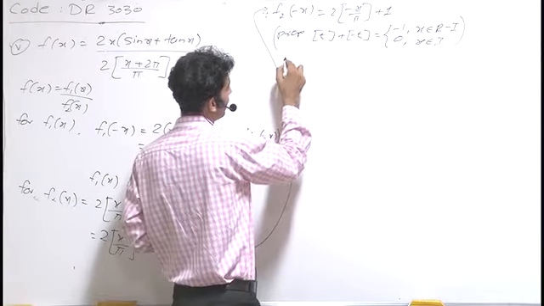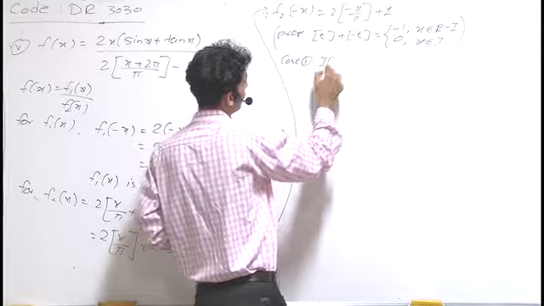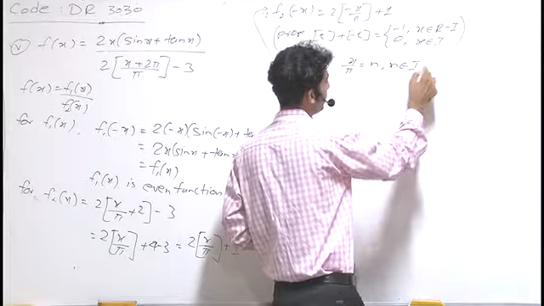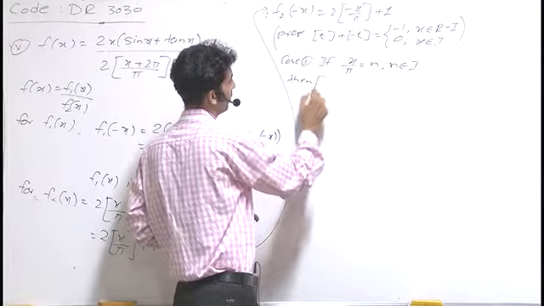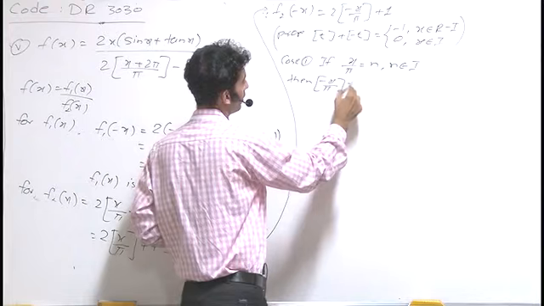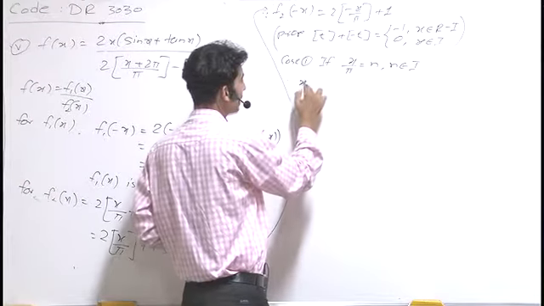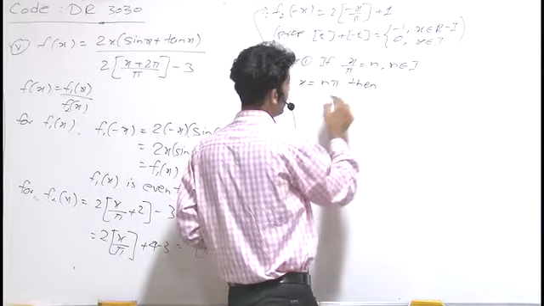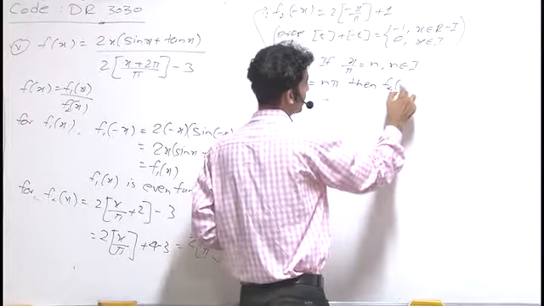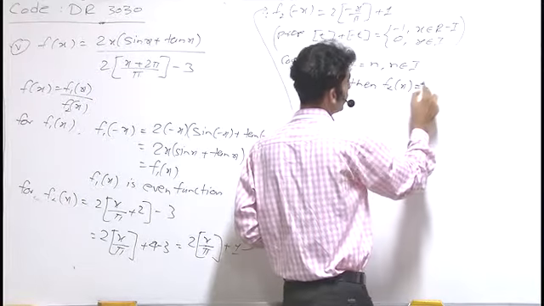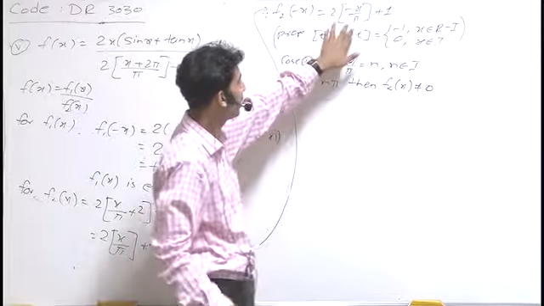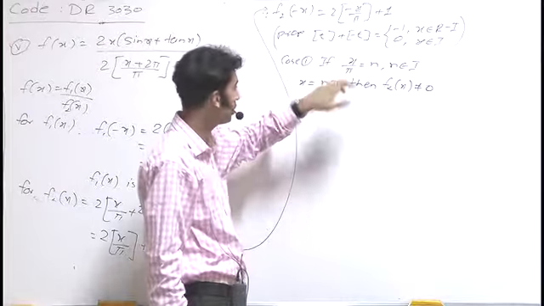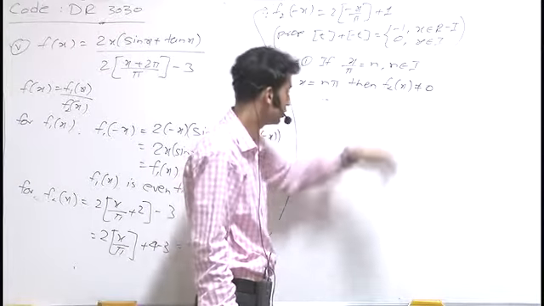Now, case 1. In case 1, if x/π is equal to an integer n, where n is an integer, then x equals nπ. If x equals nπ, then the denominator, it means f2(x), is definitely not equal to 0, because we have an even number plus 1, and hence f2(x) is always an odd number and hence is not equal to 0.